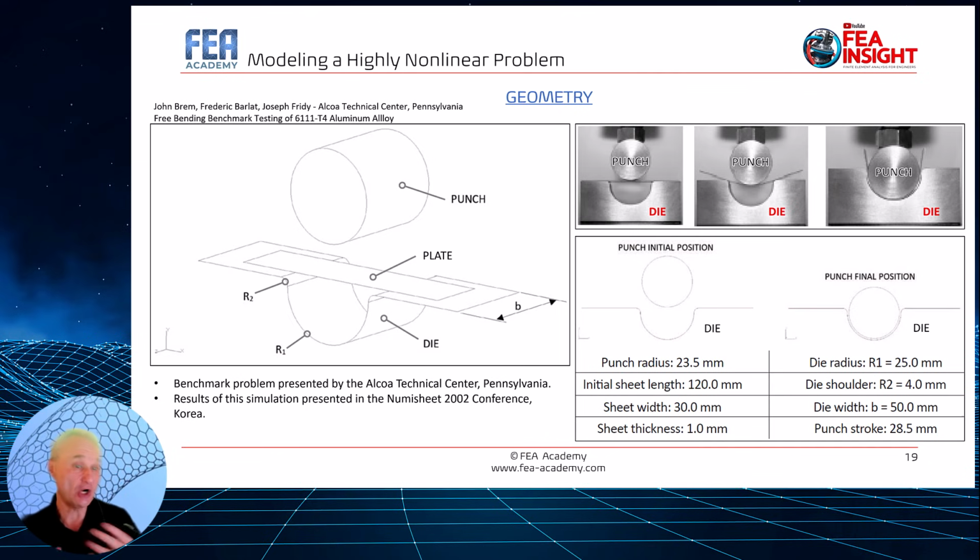If you want, I already have the geometry for this problem. So if you want, I can share it with you. Just send me an email and I will be able to share the geometrical file.